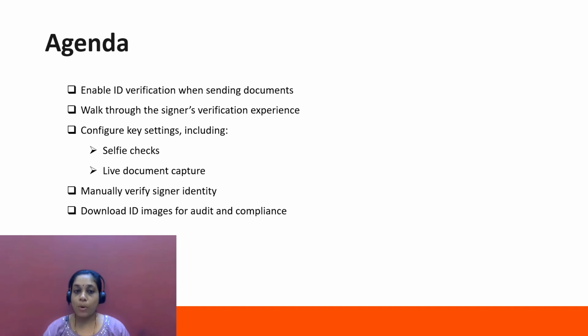First, I will show you how to enable ID verification when sending documents, and I'll walk you through the signer's verification experience, and we will also explore how to configure the ID verification settings, which includes options like selfie check, live document capture, and I'll show you how to track the ID verification documents and manually verify the signer identities when automatic checks don't succeed. Finally, I'll show you how to download ID verification images for audit records. So let's get started.